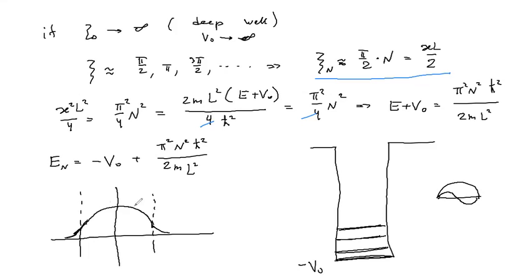What you have in between is cos kappa x, and what you have outside is the exponent: exponent minus kx on one side, exponent kx on the other. This solution will be smooth.